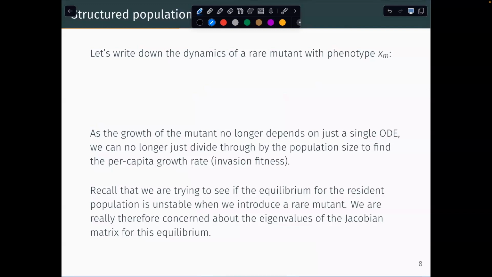So now we've got 2 equations for our rare mutant. So now we're going to have dYm/dt is equal to R times by A sub n times by 1 minus, well, here we're going to have just a mutant that is rare invading into a resident population at its equilibrium. Because the mutant is rare, we're assuming the mutant essentially never interacts with other mutants.